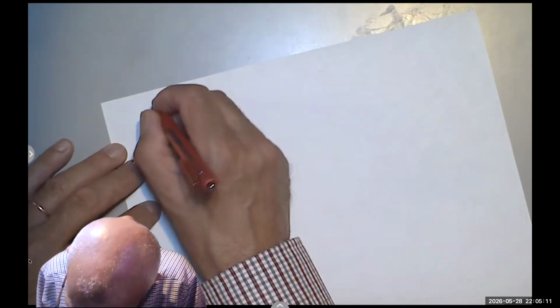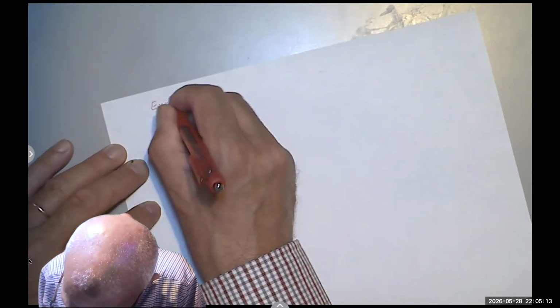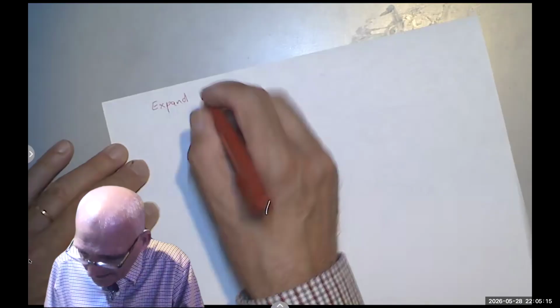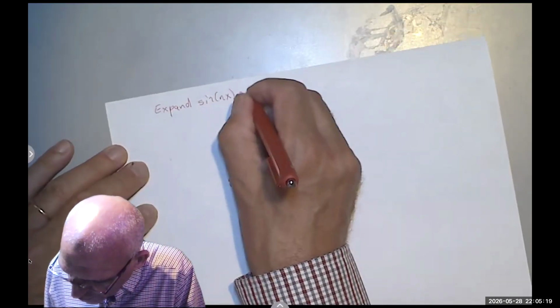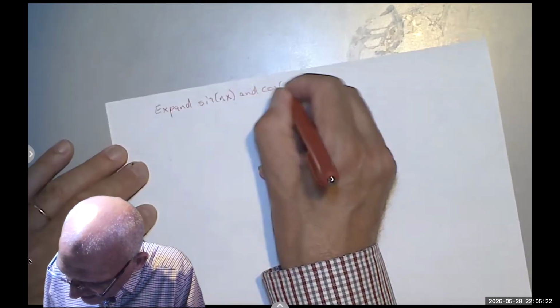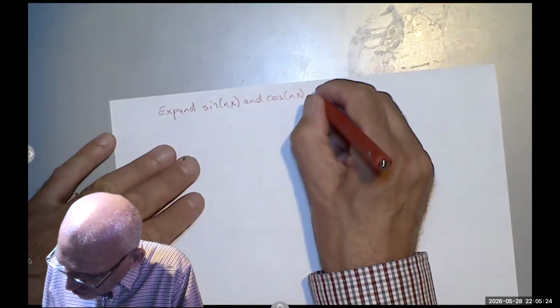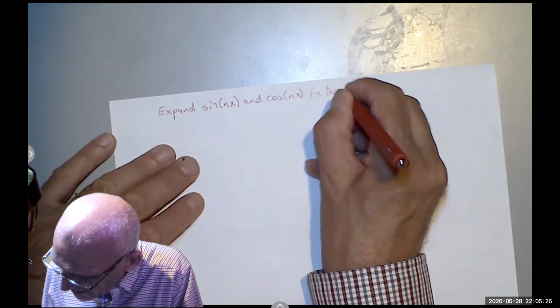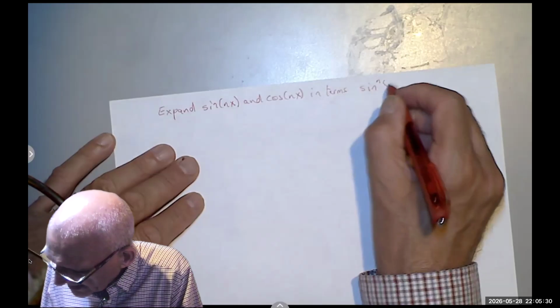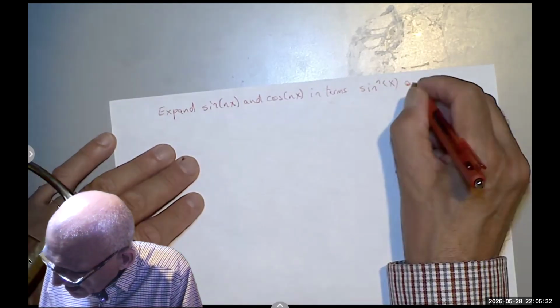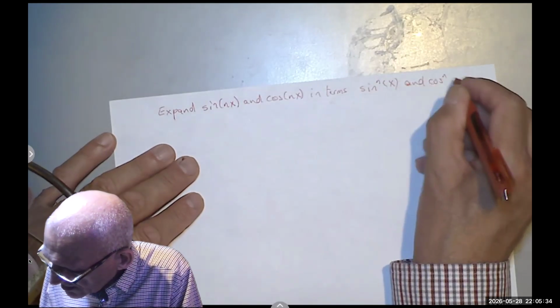To expand, or to write, sine of nx and cosine of nx in terms of sine to any power of x and cosine to any power of x.